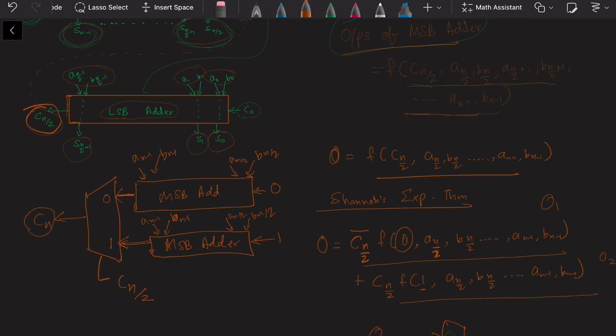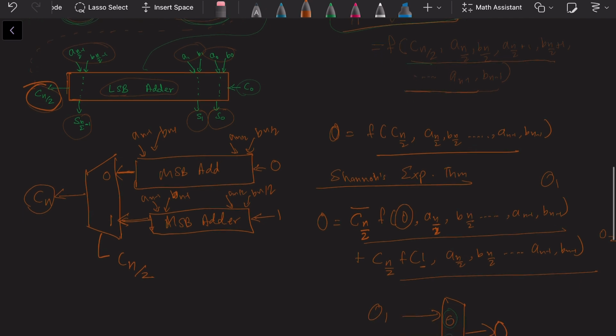Now this is interesting because essentially what I've done is I'm running my LSB adder in parallel. My LSB adder is running in parallel over here. It's getting C0, A0, B0, and producing S0, S1, up to S(n/2-1). It's also producing a Cn/2, right? This guy is now running in parallel to the MSB adders because these guys have no dependency.